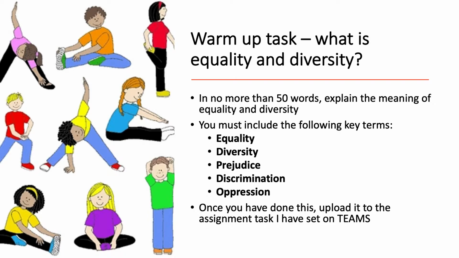Once you have done this, I want you to upload it to the assignment task that I've set on Teams. Now, I'm aware some of you aren't sure of how to do this, so you can just send it to me as a message on Teams, or you can email it to me, whichever works best for you. Okay, so if you want to just pause the video now, for as long as it takes for you to do those 50 words, and then just come back to me once you've done that.